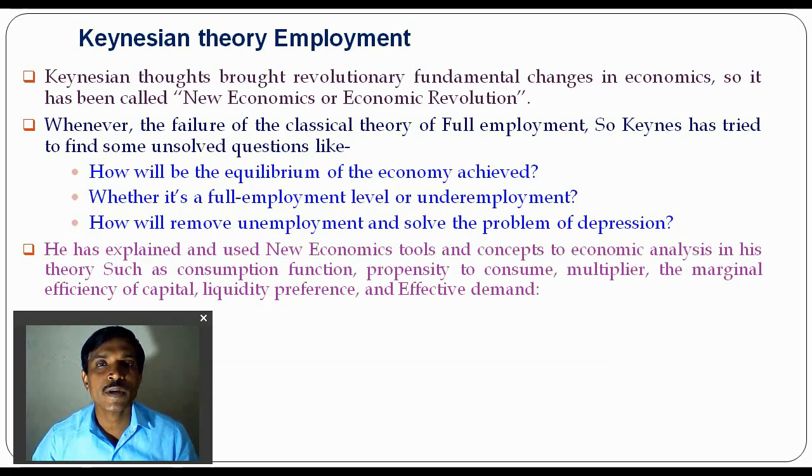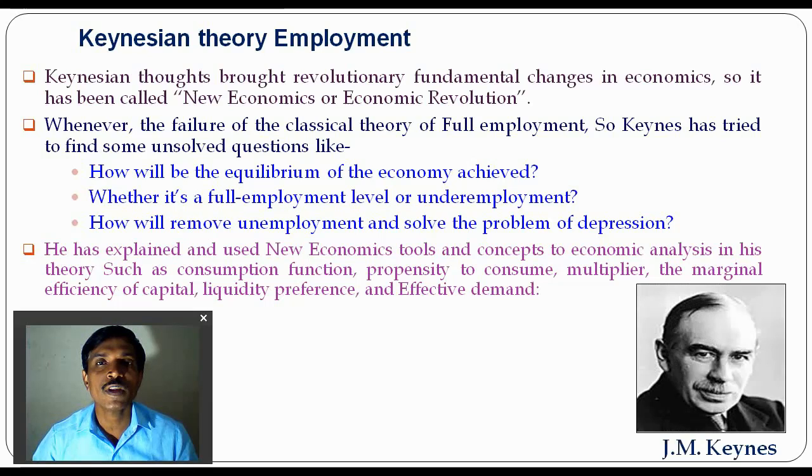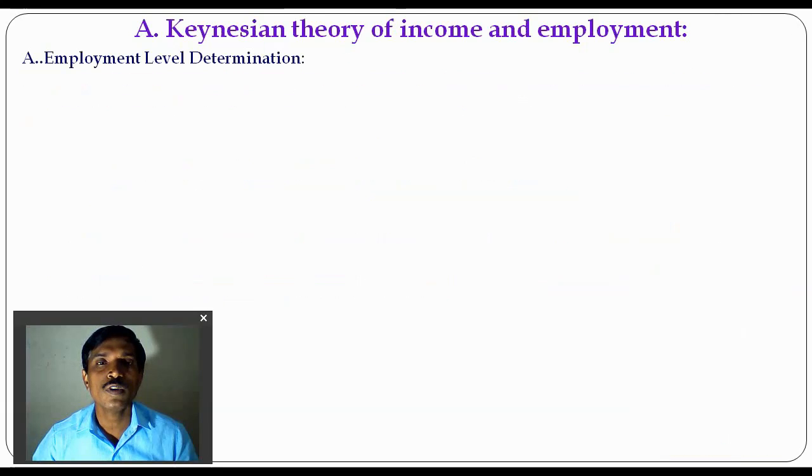He also explained some innovative concepts, like the marginal propensity to consume, the liquidity preference and the effective demand, and tried to explain how to achieve the employment level and the equilibrium level in the economy, whether underemployment or full employment.